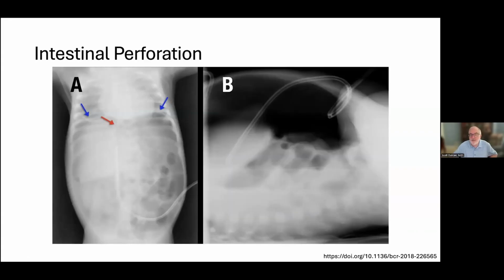This is an example of intestinal perforation. Here you can see the free air that exists up under the diaphragm. This is the lateral view, a cross-table lateral, that you can see the free air that exists under the abdominal wall and above all the intestine.